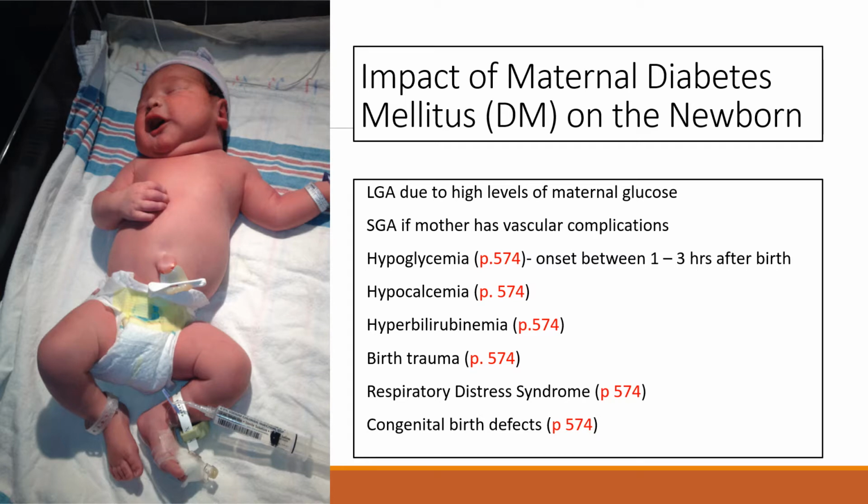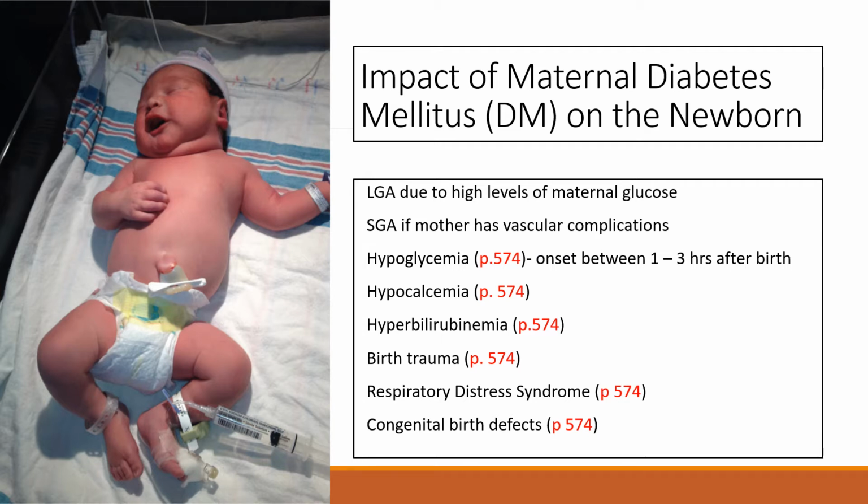If there's any compromise with that blood flow, then the baby will not receive the nutrients needed to grow in utero. And so, although the mom may reach full term gestational age, the baby may be born small relative to the amount of gestational time.